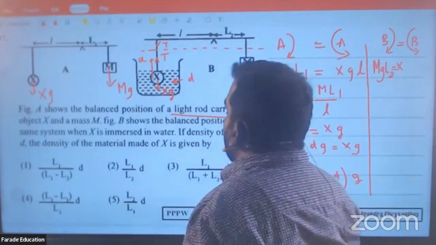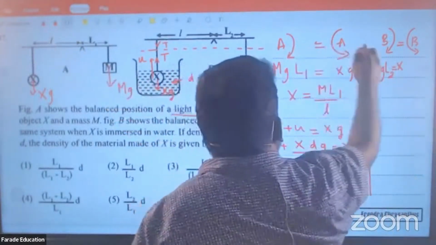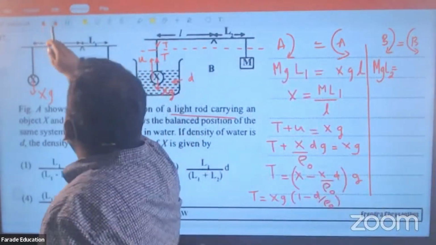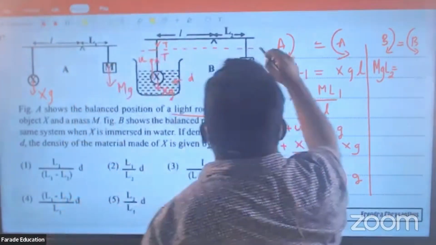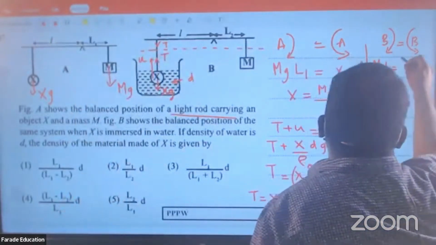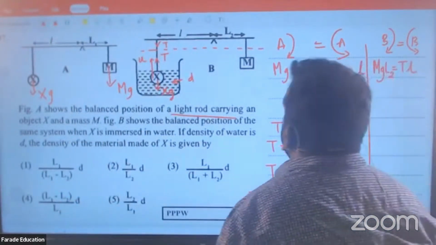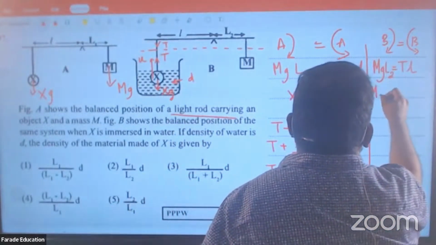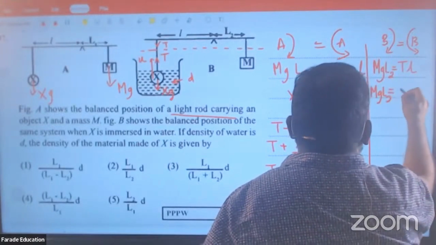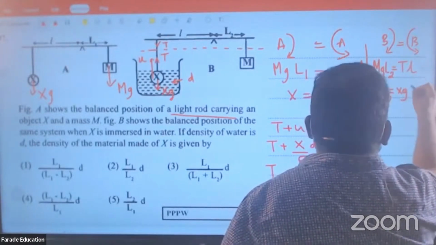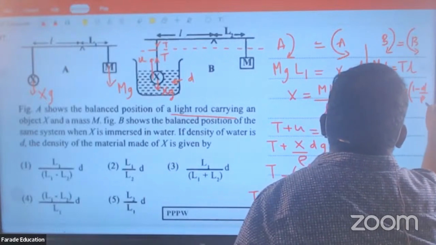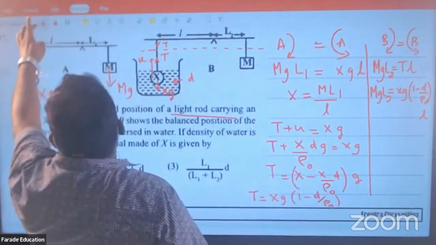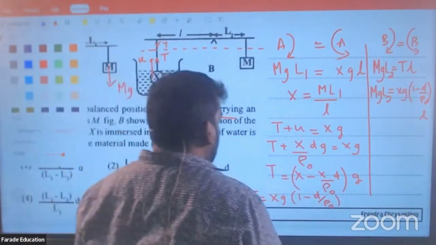Next is going to be tension, tension times simple L. So Mg L2 equals tension, which is Xg times 1 minus d over rho naught, times simple L. Calculate carefully.